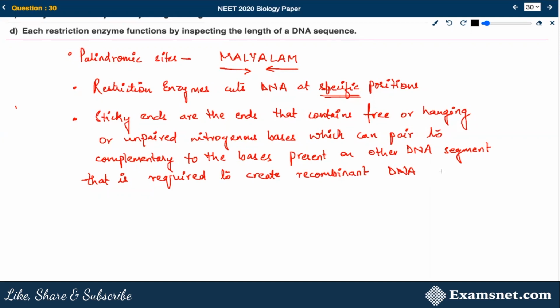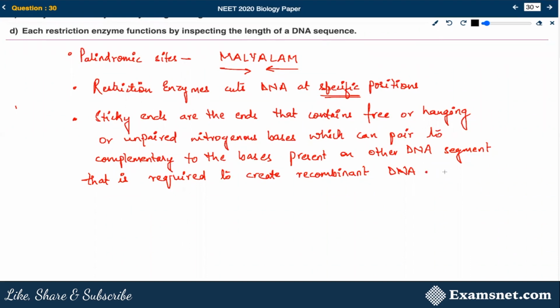So a ligase is actually required in absence of the sticky ends to join the two DNA segments with one another. If there is an absence of sticky ends, then only the ligases can be used.